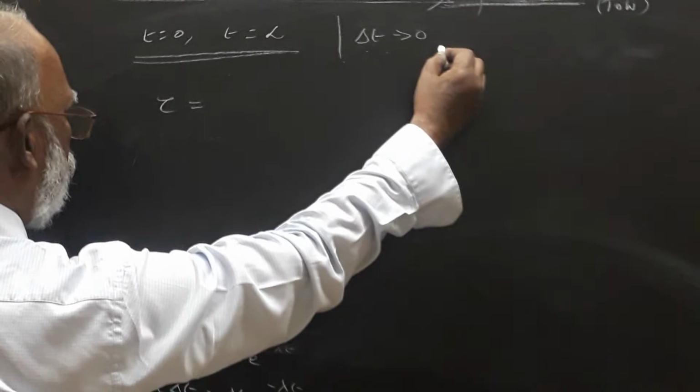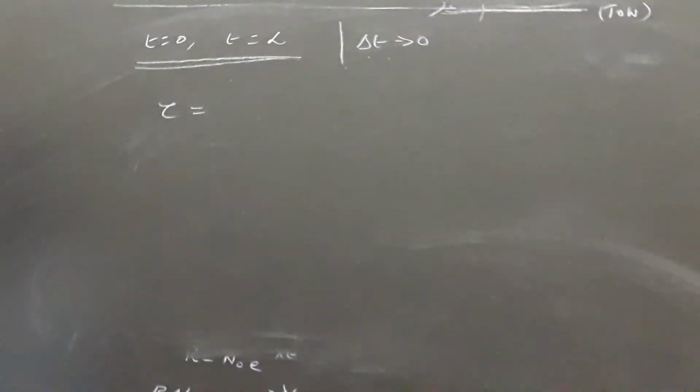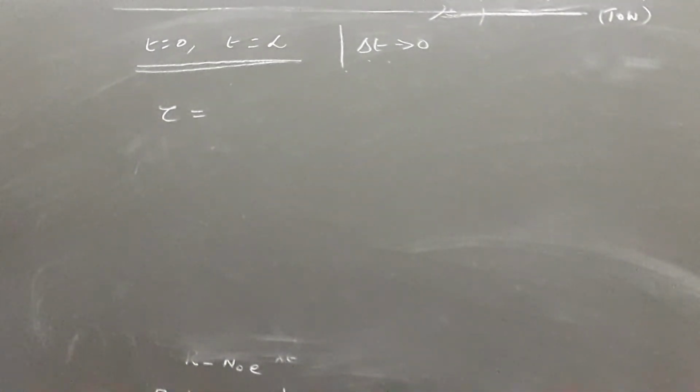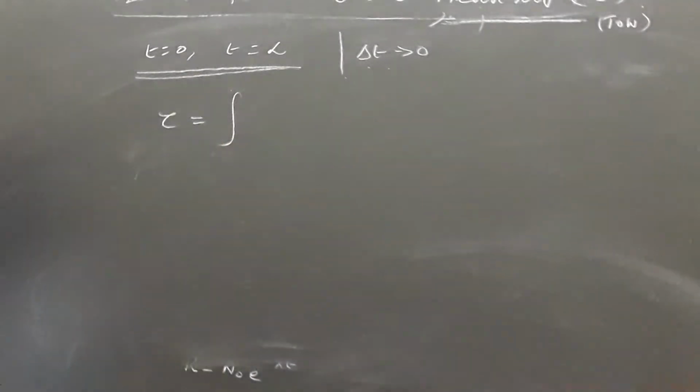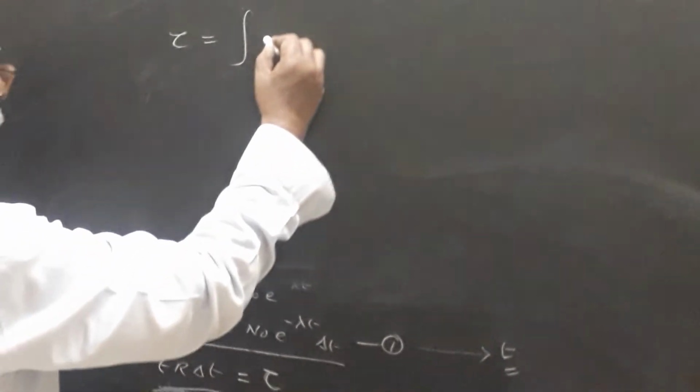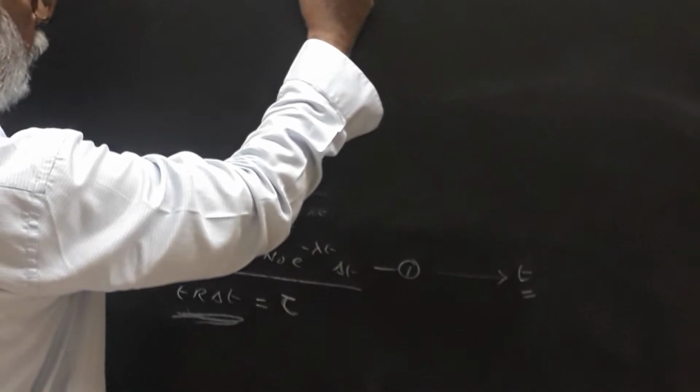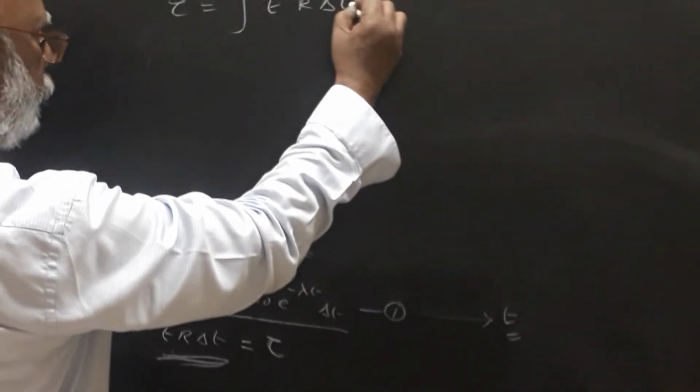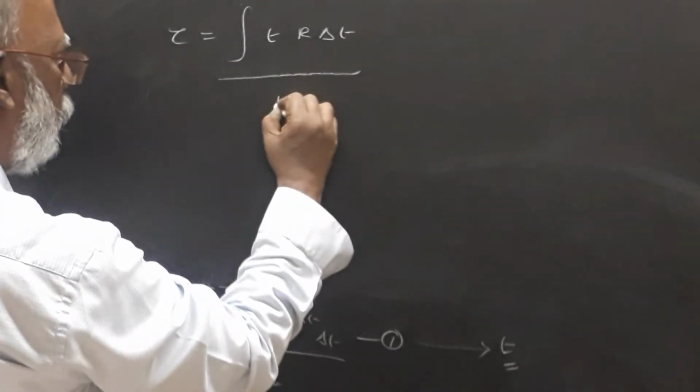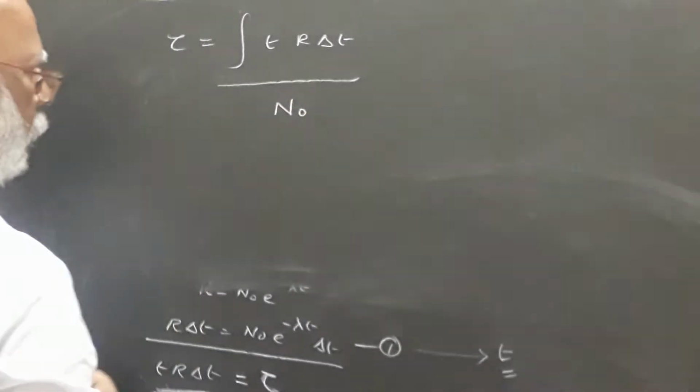When delta t tends to 0, the mean life is the integral of t into R delta t divided by the total, that is N naught.